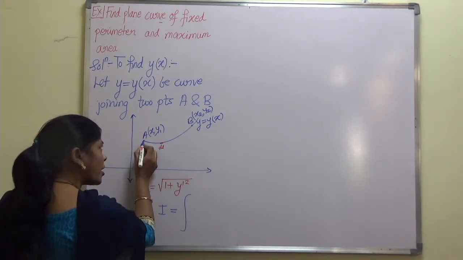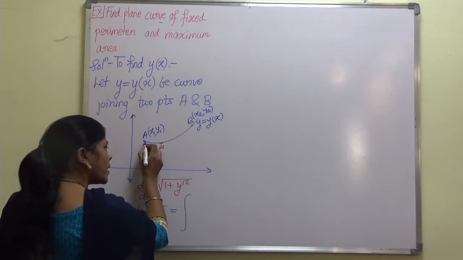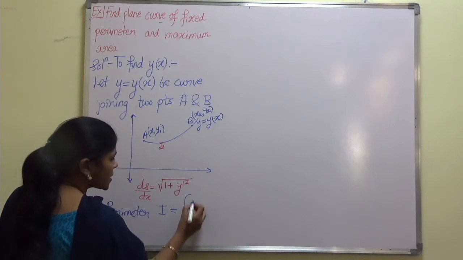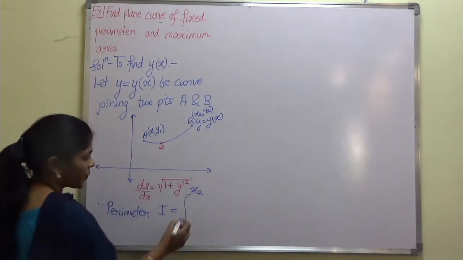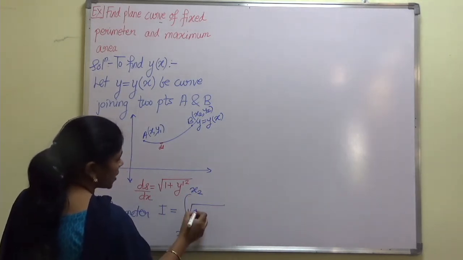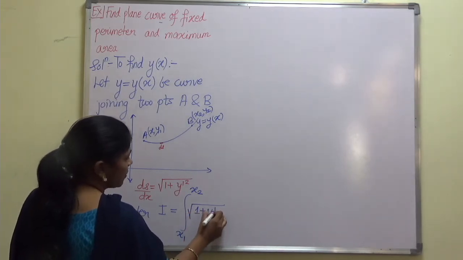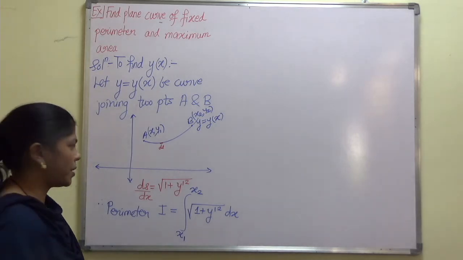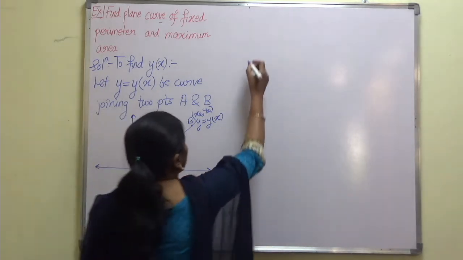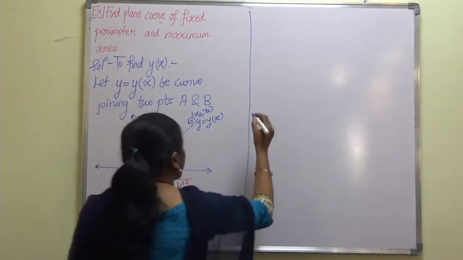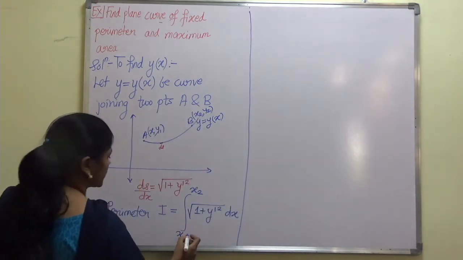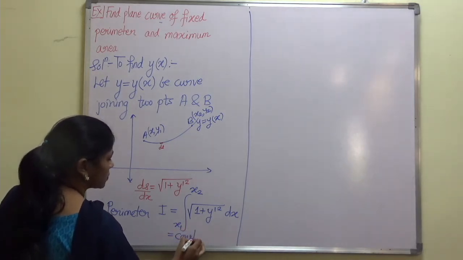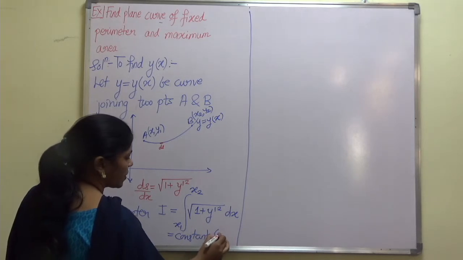We are adding the length from point A to B, and the variation is along the x-axis, so the limits of this integration are from x1 to x2 of the square root of 1 plus y dash square dx, right? So this is the perimeter, and it is given as a constant.